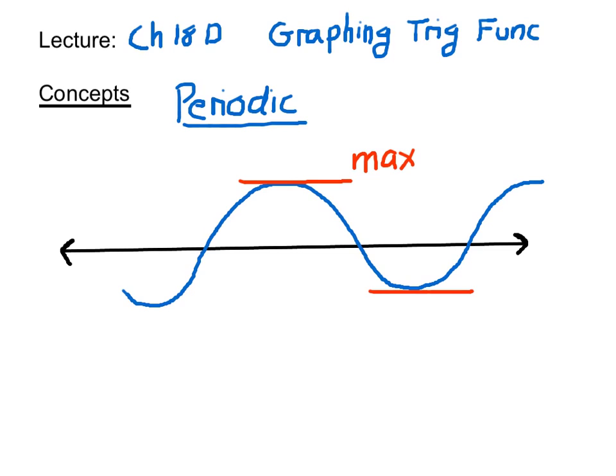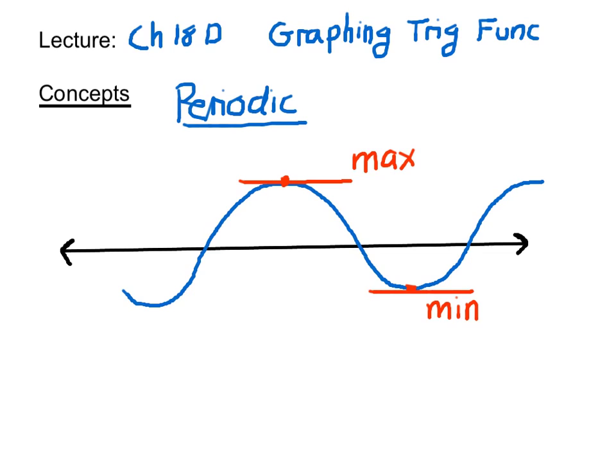And the minimum values are -1 for both cosine and sine. Now the difference between these two maximums and minimums is twice the amplitude of these periodic functions.